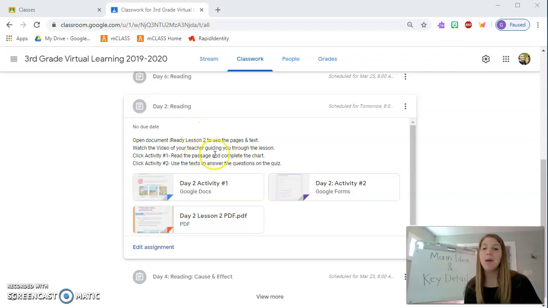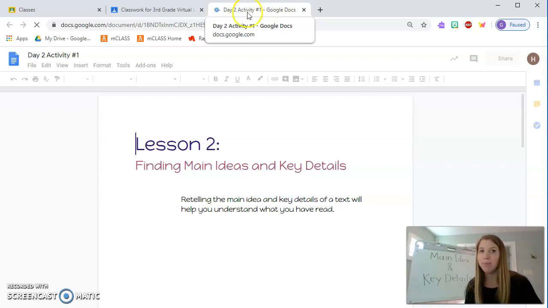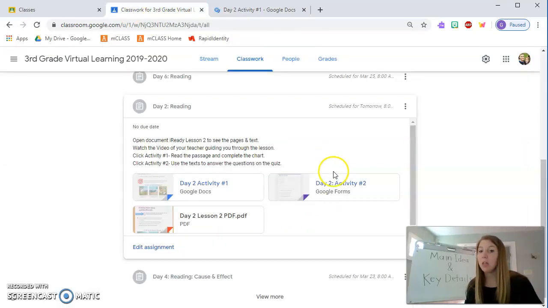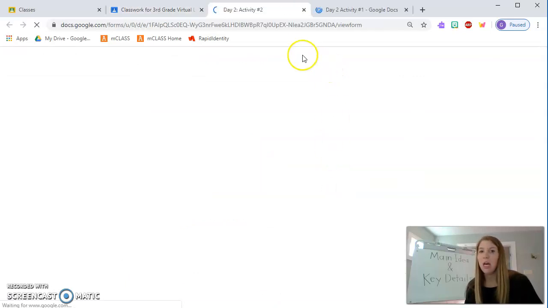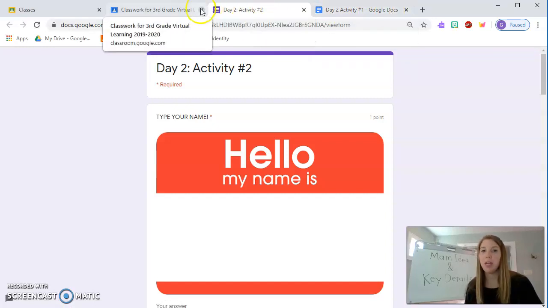What we're going to do first today is click on day 2, activity 1 to open it in a new tab so we have it readily available. And then we're going to go back to our classwork tab and also click on day 2, activity 2. I now have both of them open in my Google Chrome so that we can flip back and forth to them whenever we need to.